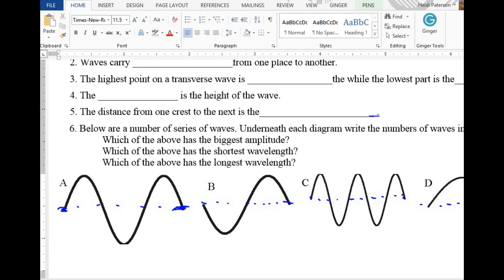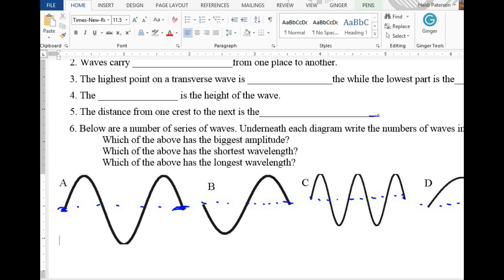Take a look at the next question. It's going to ask you which one has the biggest amplitude. What is amplitude? From the rest line to the top of the crest, or from the rest line to the bottom of the trough. It's really hard to measure the difference without the rest line.